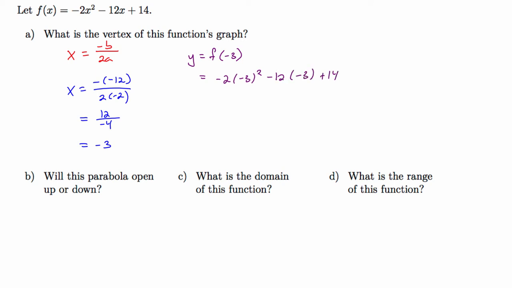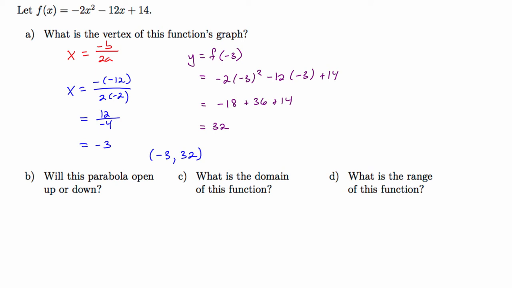Negative 3 squared is 9, and 9 times negative 2 is negative 18. 12 times negative 3 is 36, and we have a plus 14. And negative 18 plus 36 plus 14 is a positive 32. So the vertex of this particular graph will be the point negative 3, 32.